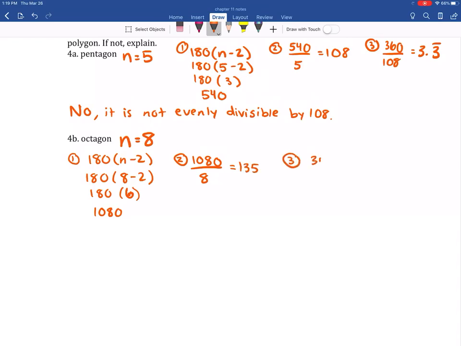And step 3, see if we can arrange them in a nice pattern. .6 repeating. So again, it's not going to be that nice pattern. I would say no, it is not evenly divisible by 135.